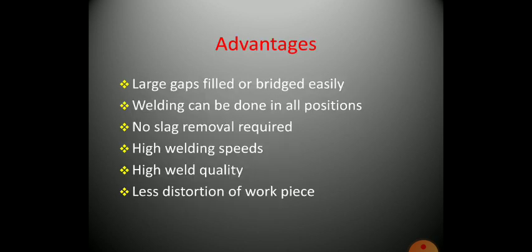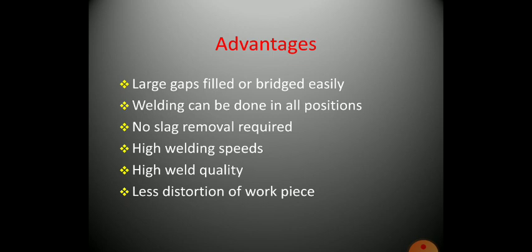The advantage is that a large gap or bridge can be easily welded by this particular GMAW process. Large gap in the sense that we need continuous welding to fill the gap between the two pieces of the structure, so that requires a continuous supply of the weld, and that's why this process is very efficient to weld on that kind of surface.